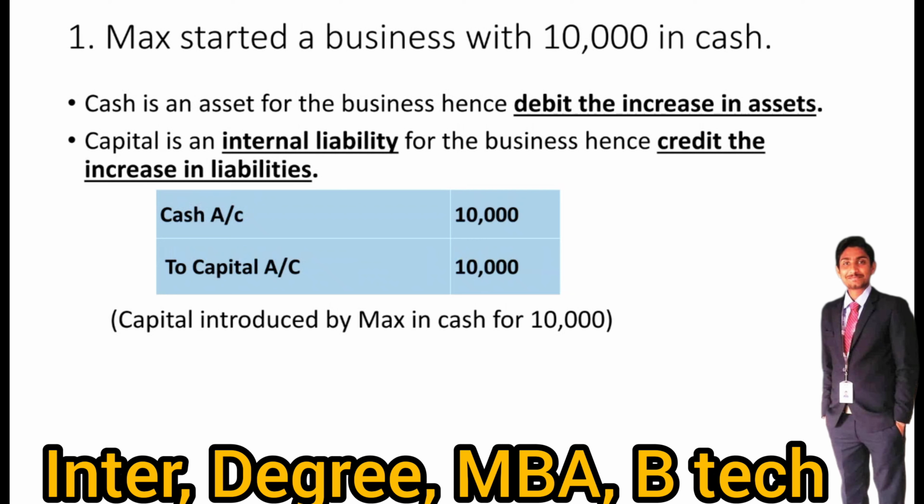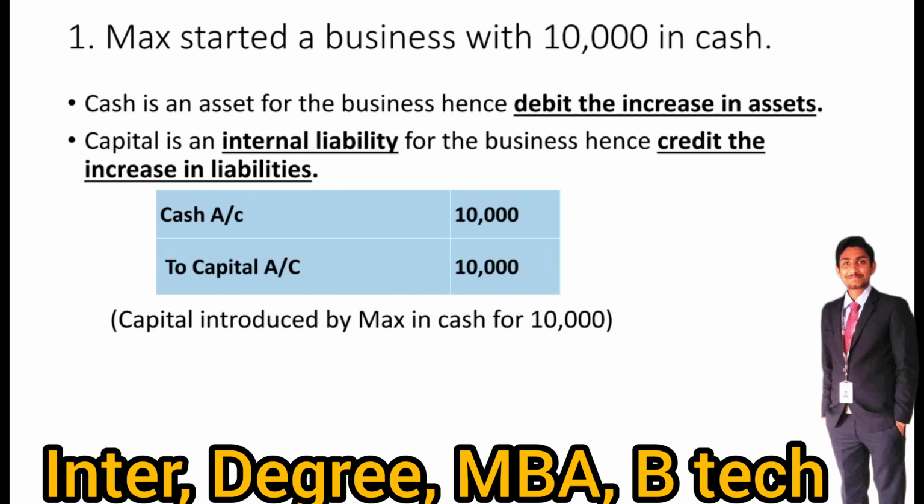Cash is coming to the business, which means cash is an asset. The asset value increases, so we mention it on the debit side of the journal entry. Another one is capital. Owner's capital is a liability for the business.